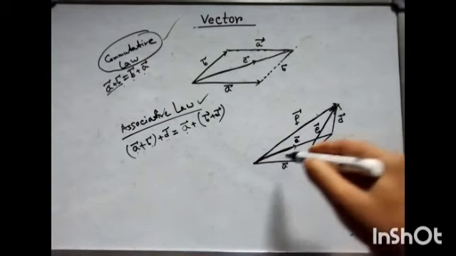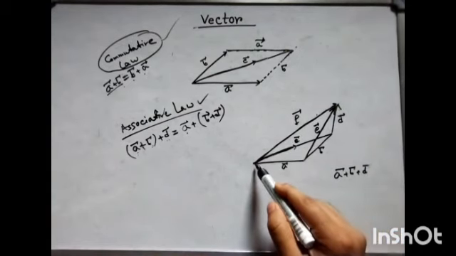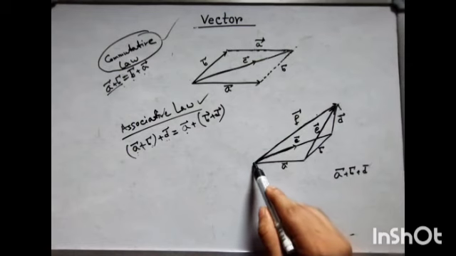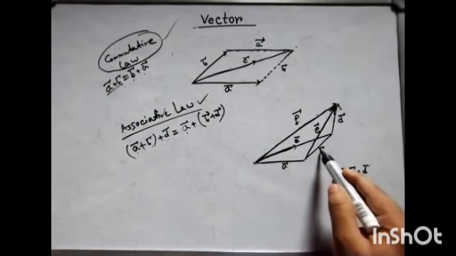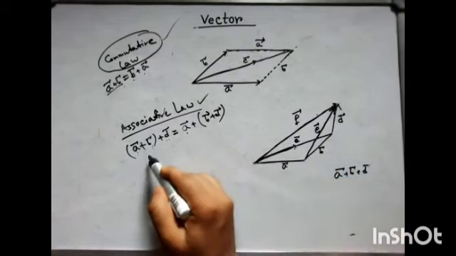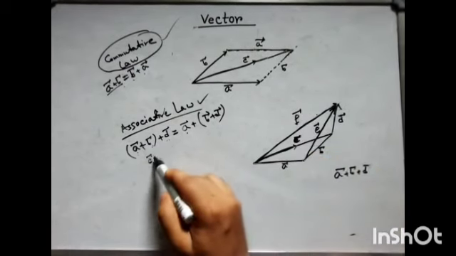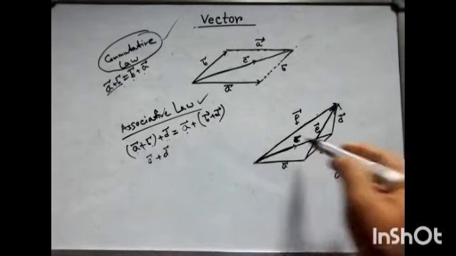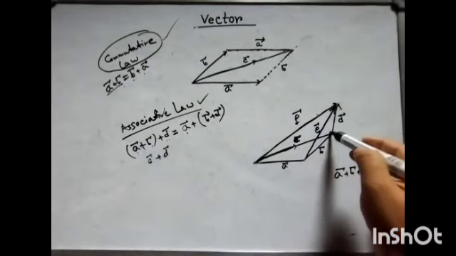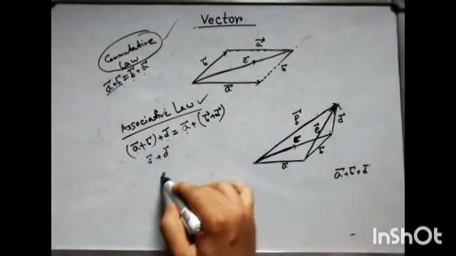Let's verify it. Suppose the first one added a vector and b vector first and got c vector as result. This is c vector, and then added d vector with it. So c vector plus d vector will be f vector.